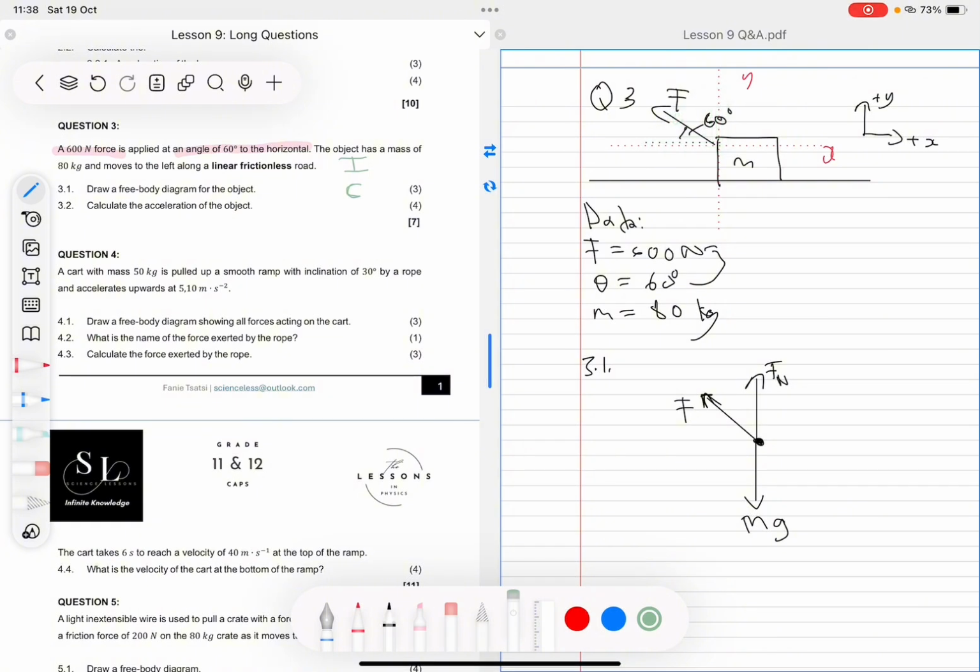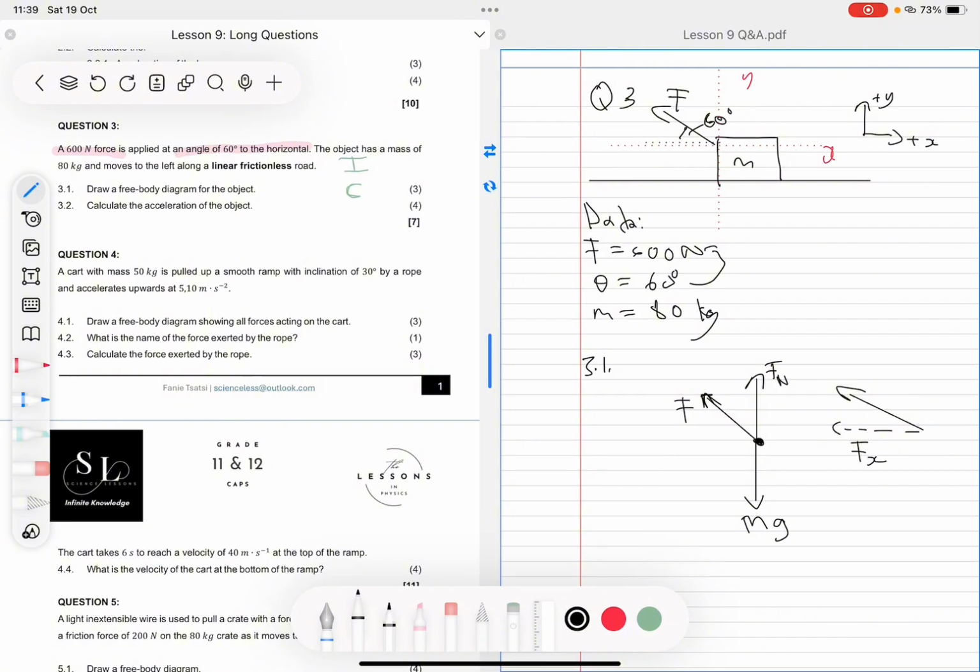It becomes the resultant. And you would know from our lessons when we broke down forces into components that this force here can be written as, so this will be the Fx, and here it will be the Fy.